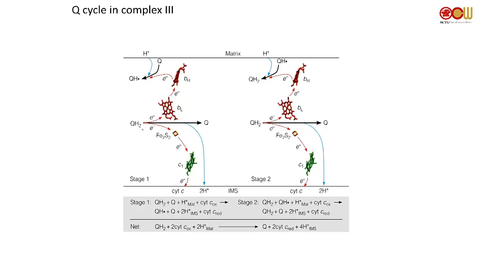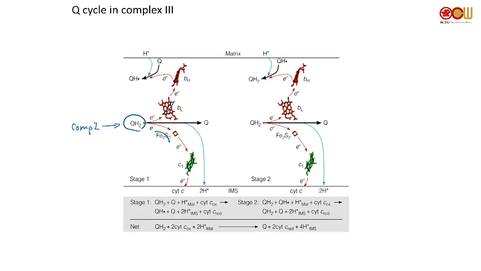First stage, you have a QH2, right? 所以这是complex 1, 然后会吐出一个 QH2, okay? And then QH2 will be split by homolytic cleavage. So 1 electron goes up, 1 electron goes down, because QH2 has 2 electrons. 可以哈?